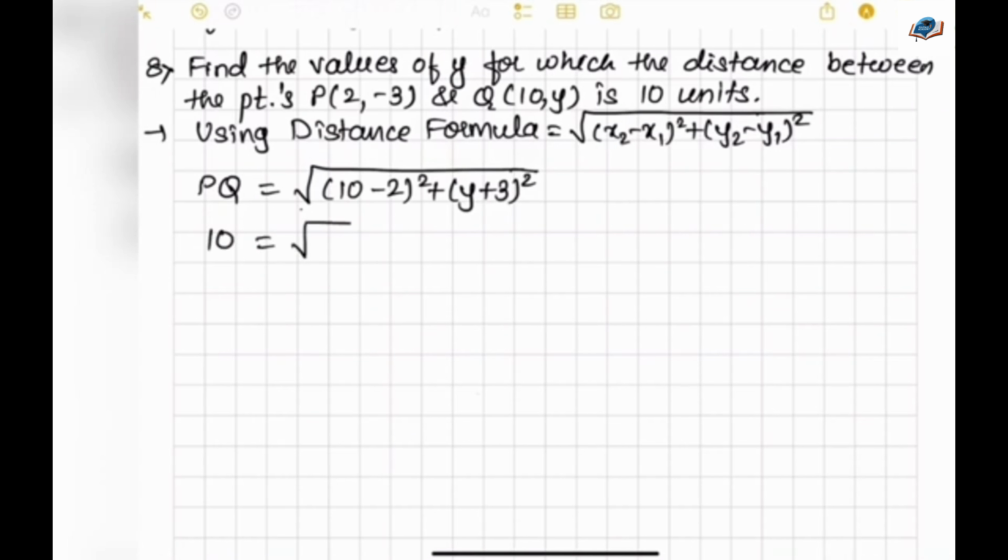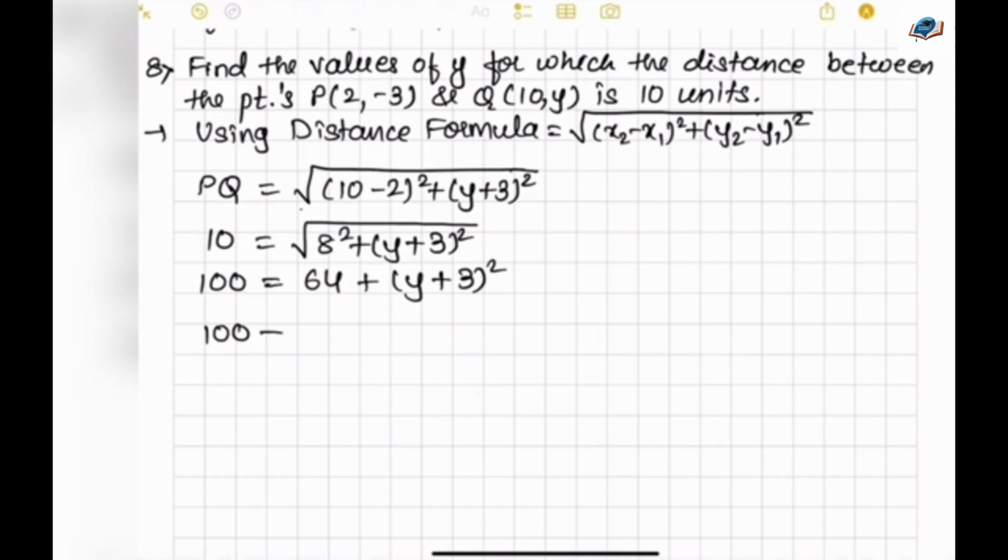So plus 3 whole square. So PQ is given as 10 equal to root of 8 square plus (y plus 3) whole square. So squaring both sides, I will have 100 equal to 64 plus (y plus 3) whole square. So 100 minus 64 will be equal to (y plus 3) whole square. So 36 equal to (y plus 3) whole square.